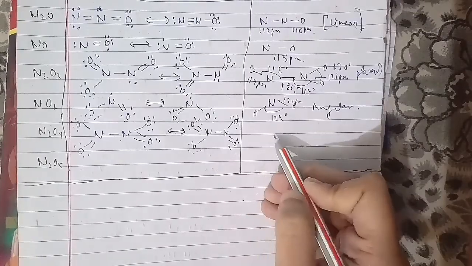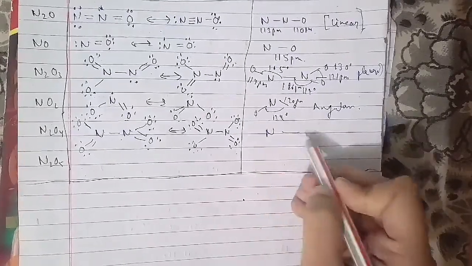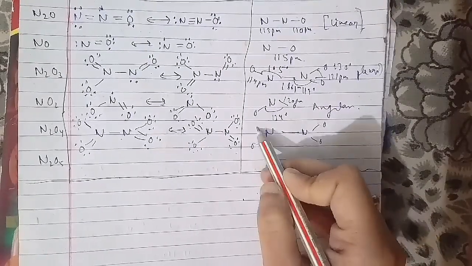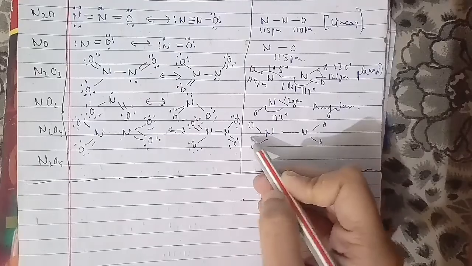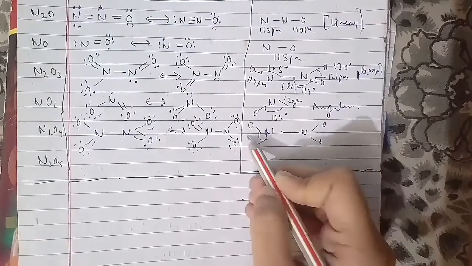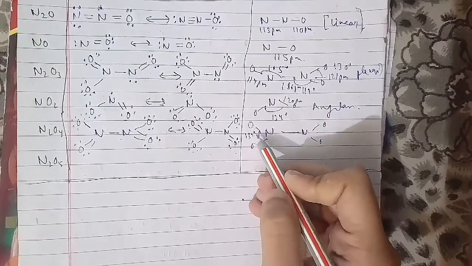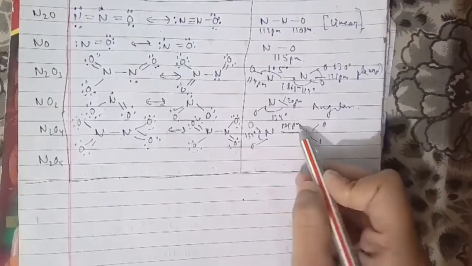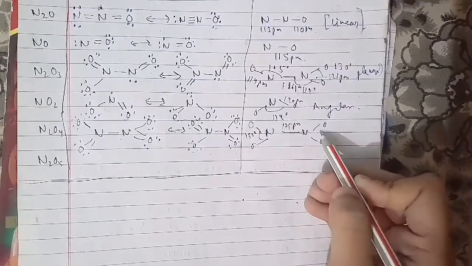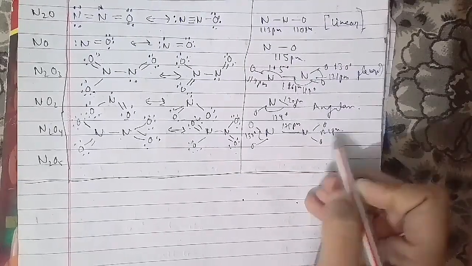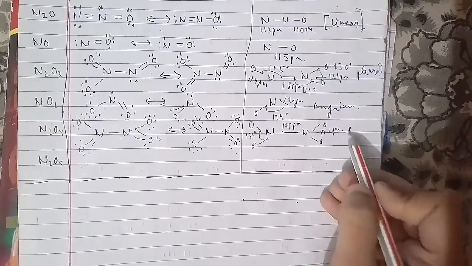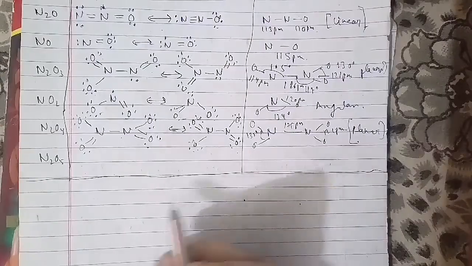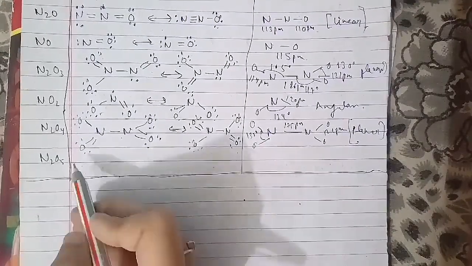Now we'll go ahead for N2O5, and here we have N2 and O5. So this will be like this at this point, and it will have 3 lone pair, double bond oxygen, that we have 2 lone pair. This we have 2 lone pairs, oxygen 3 lone pair, double bond oxygen 2 lone pair, that we have.